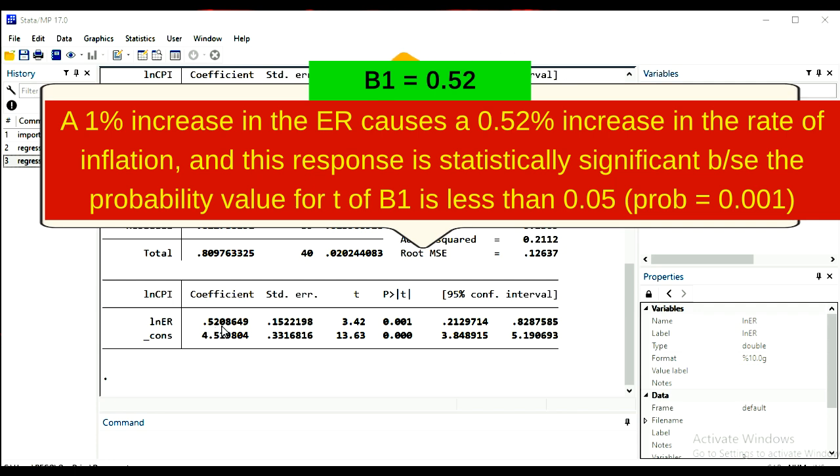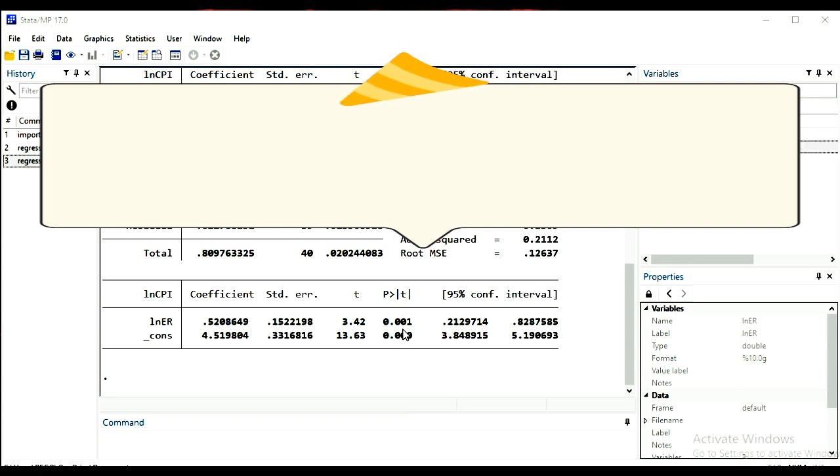And this effect is strongly significant. That is, the effect of the exchange rate on inflation is strongly significant because the reported t statistic, 3.42, is very large, and the reported probability value for this t statistic is very low, which is 0.001, by far lower than the conventional 5% threshold for statistical significance.